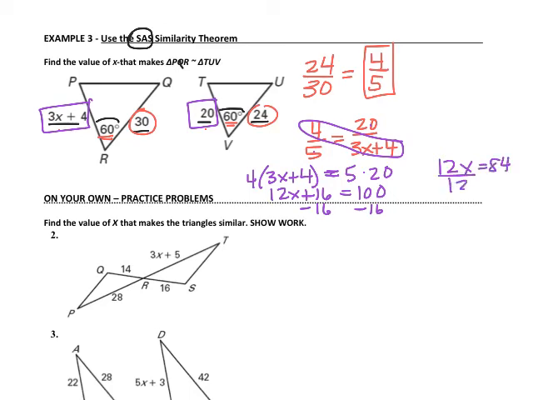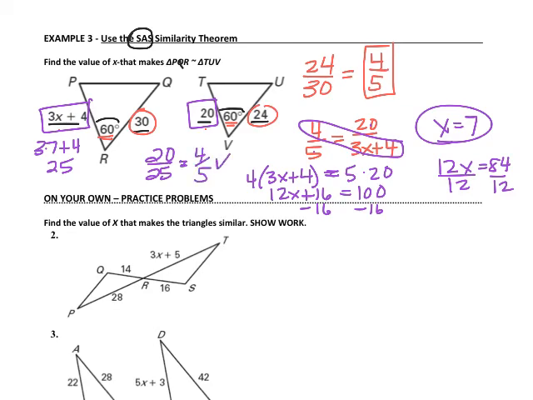And when I divide by 12, x equals 7. So again, I could plug this back in. 3 times 7 plus 4 is 25. And then just check to see, does 20 over 25 reduce to 4/5? And if it does, then you know that you did your work correctly.